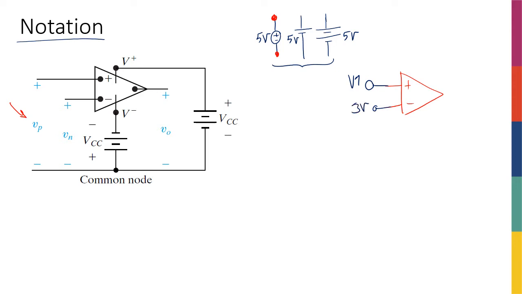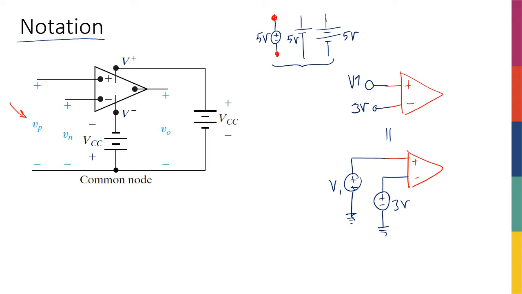This means that this is equivalent to if I just draw the OpAmp and basically have a voltage source of V1 connected to a ground, and then a 3 volts also connected to a ground. Okay, so these two are equal to each other. Okay, so it's all about the notation thing.